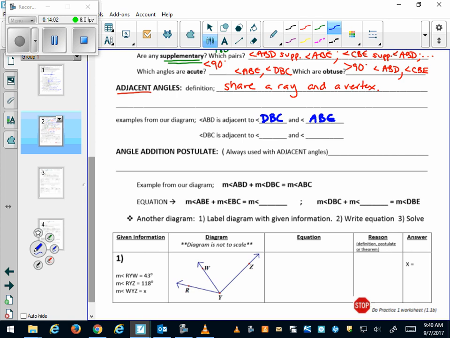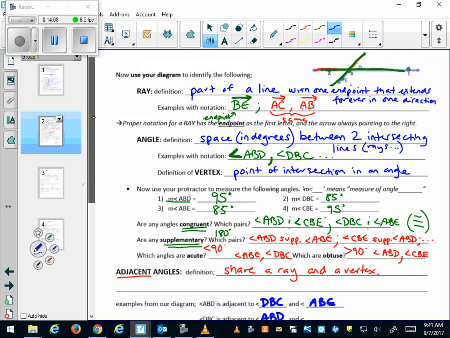And DBC is adjacent to ABD, and on the other side would be CBE.